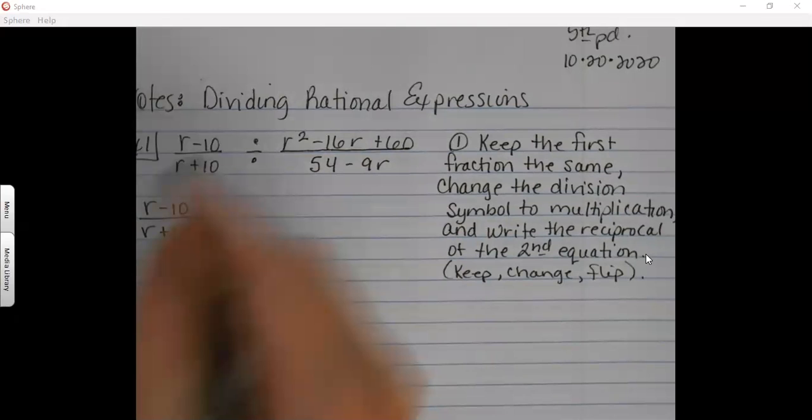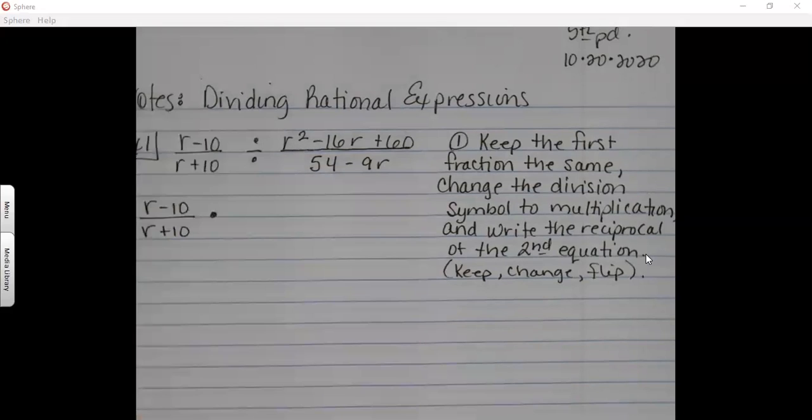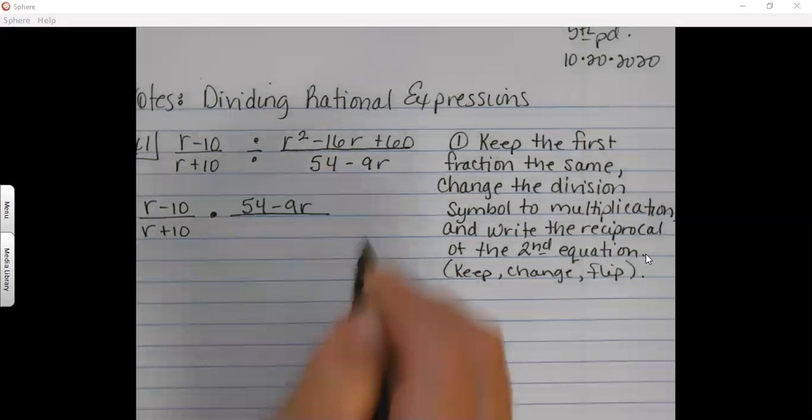So my numerator will now be 54 minus 9r, and my denominator is r squared minus 16r plus 60. So now everything's just like we learned already. That's literally the only difference. Okay, and then our excluded values as well.